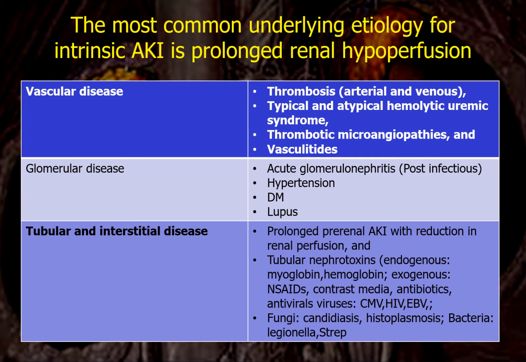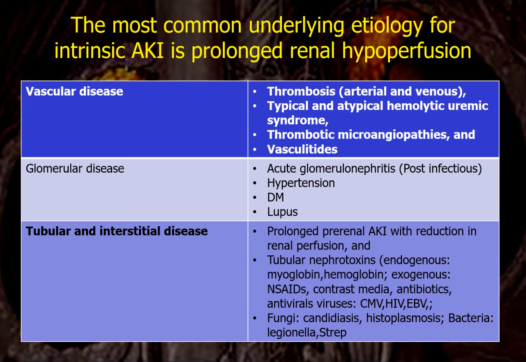Common drugs associated with tubulointerstitial disease include NSAIDs, aminoglycosides, amphotericin B, calcineurin inhibitors, and cisplatin. However, iodinated contrast does not appear to be associated with AKI in hospitalized children with eGFR greater than or equal to 60 ml per minute per 1.73 meters squared.